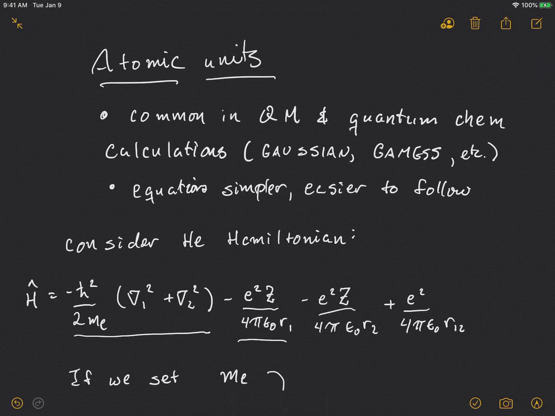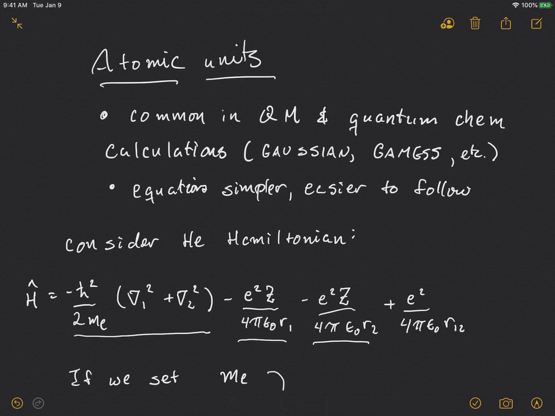Then there's a similar term for the second electron, the interaction of the second electron with the nucleus, with e squared, where e is the charge of an electron, times z, the atomic number of the nucleus, divided by 4 pi epsilon naught r2. For completeness, epsilon naught is the dielectric permittivity of free space.